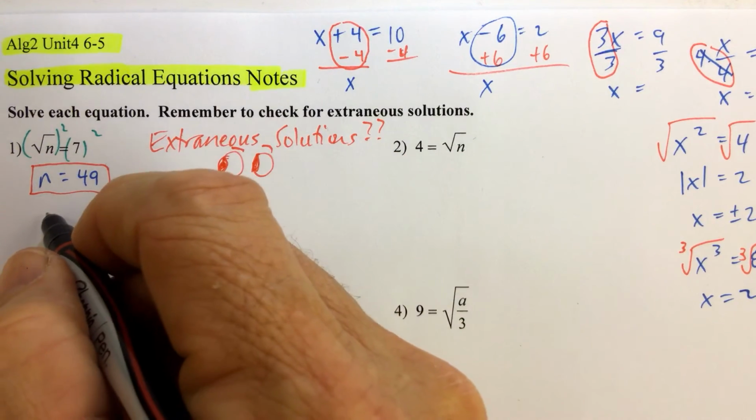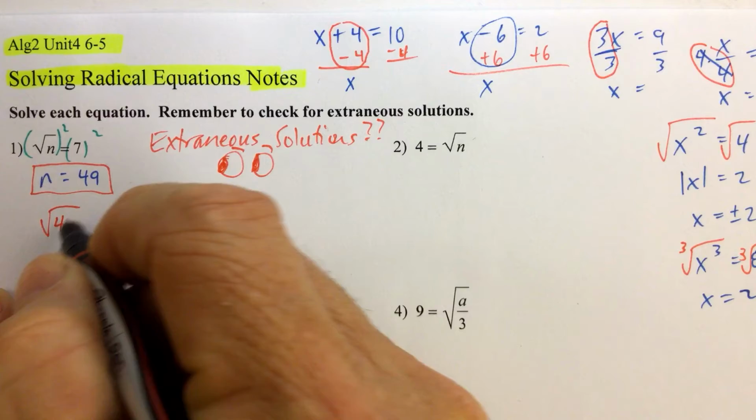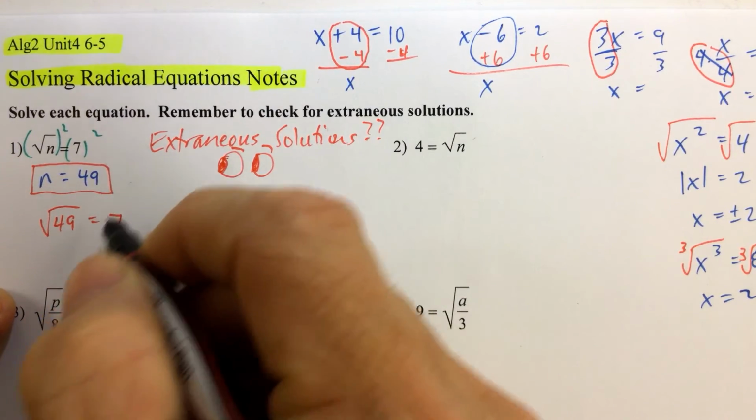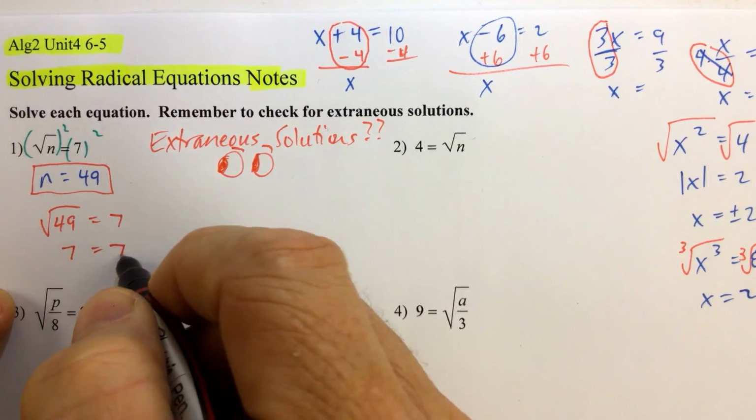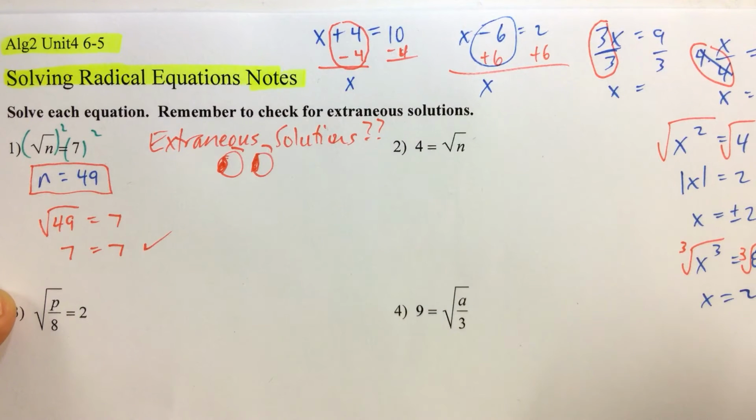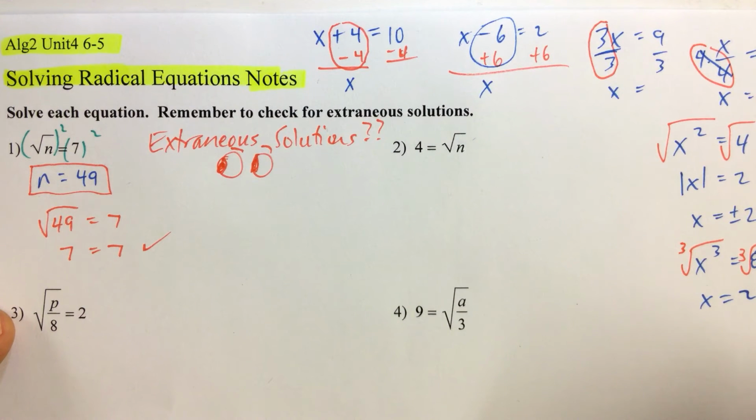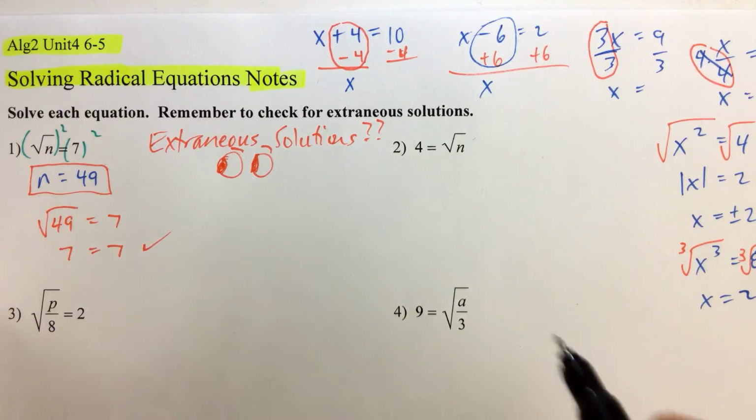Just make sure when you plug it back in that it makes the original equation true. And when it does make the original equation true, we know we found the right solution. All right, go ahead and pause the video and do number 2 on your own.